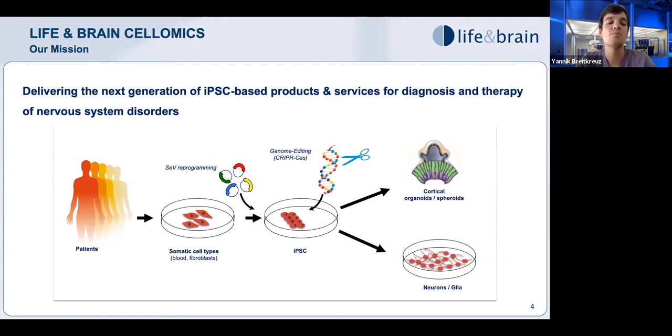We reprogram these somatic cells into iPS cells. If necessary, we can modify these cells by genome editing, and subsequently we differentiate the cells into neuronal and glia cells in 2D or 3D.